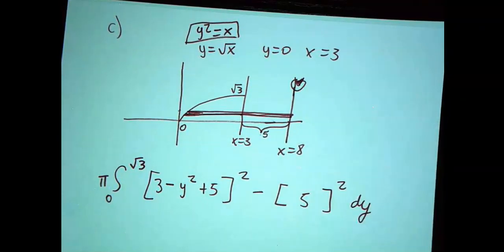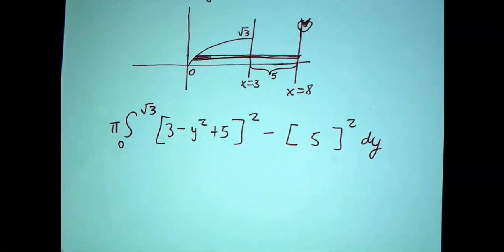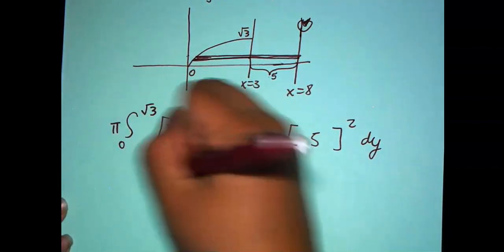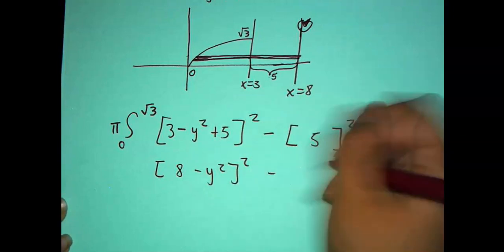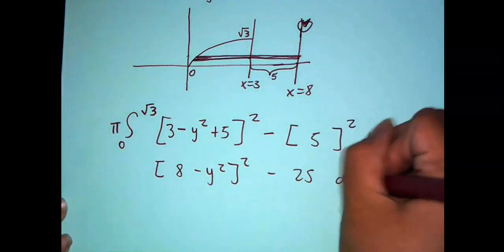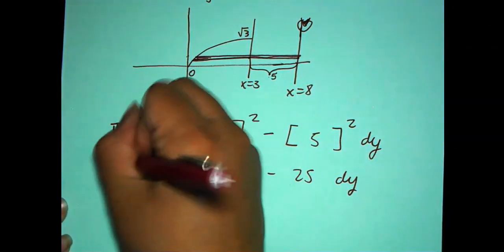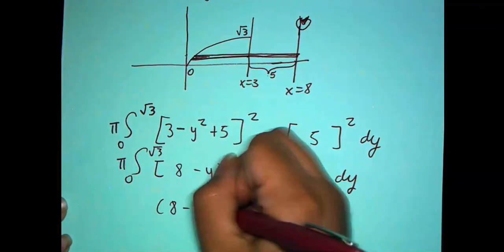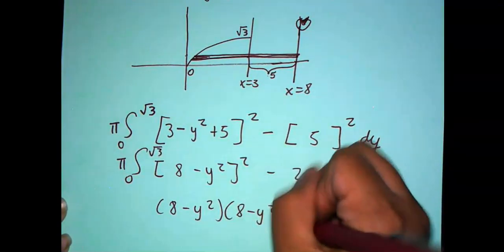So it's going to be dy. So let's simplify. 5 plus 3 will give me 8 minus y squared, minus 25. Okay, we need to distribute. It will be easier if we distribute this. Okay, 8 minus y squared, 8 minus y squared.